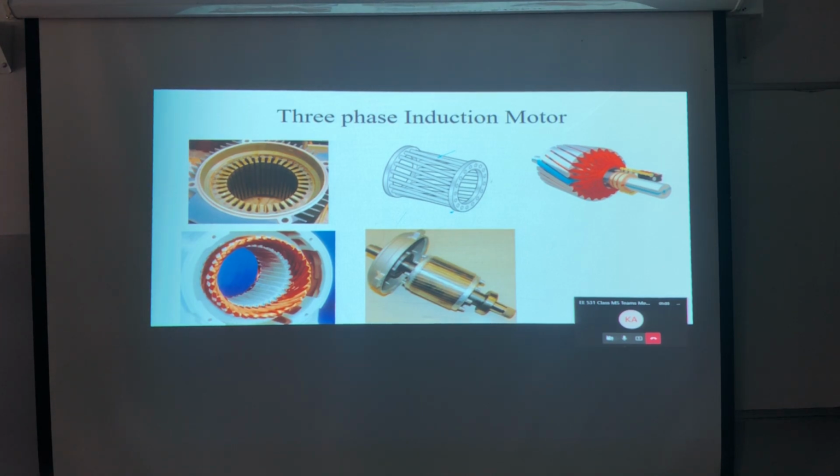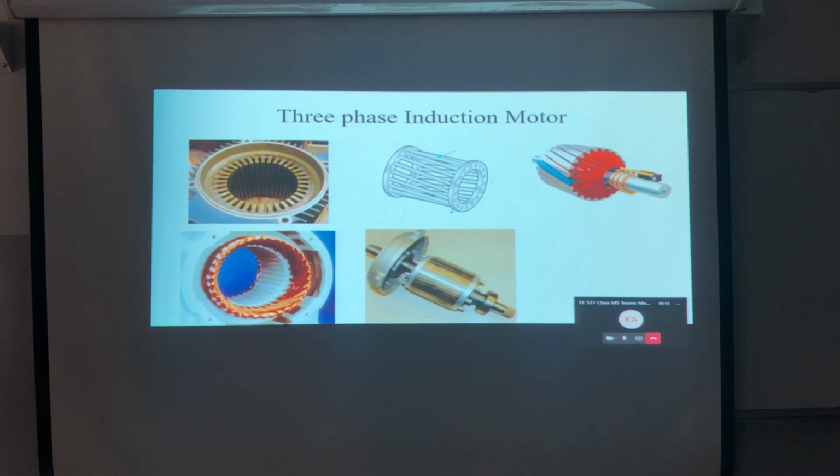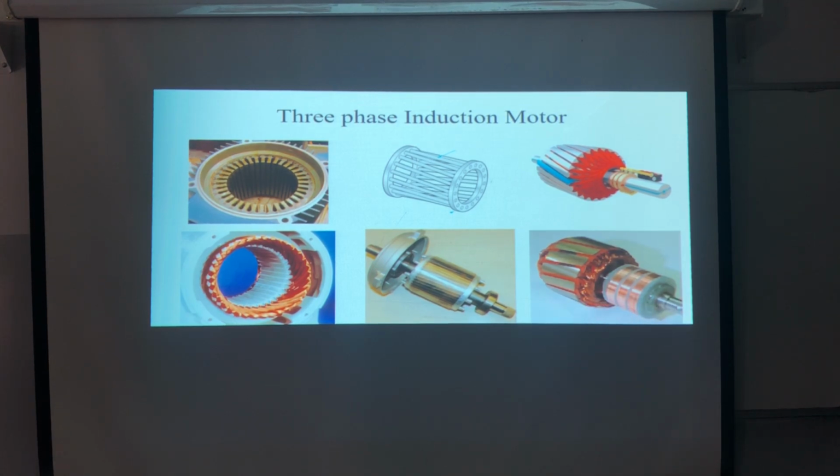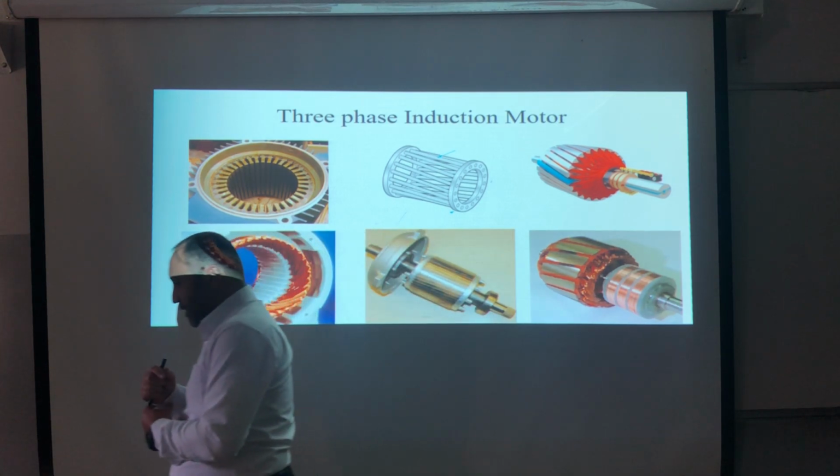Because the rotor is moving. How can I connect a moving part to a stationary part? So I need a slip ring, which is brushes and a ring in order to have a connection between the rotor and the external supply or external resistance.